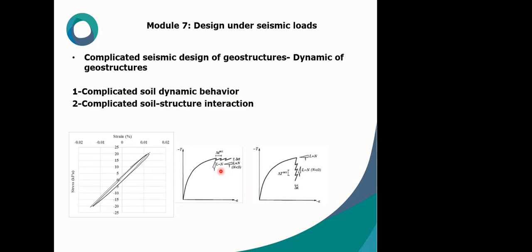The complexity of the seismic behavior of underground structures depends on two factors. As can be seen here, the first factor is the inherently complicated soil dynamic behavior. It means that soil under dynamic or seismic loading has a very complicated behavior.